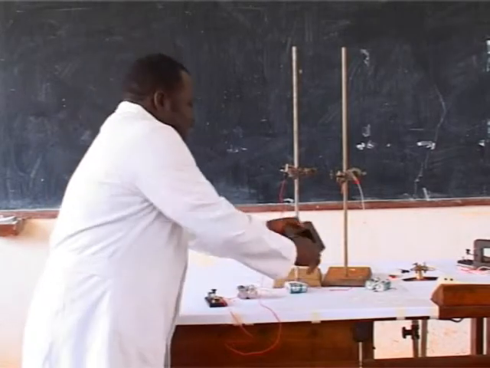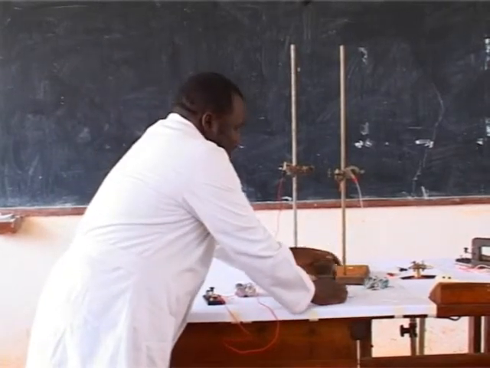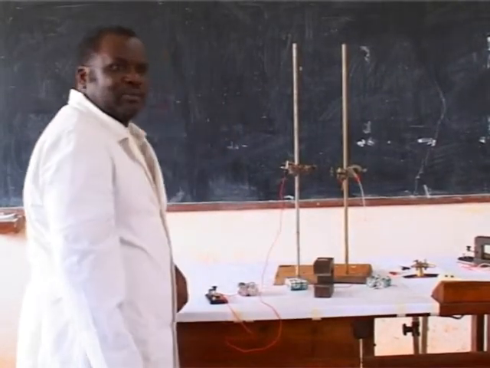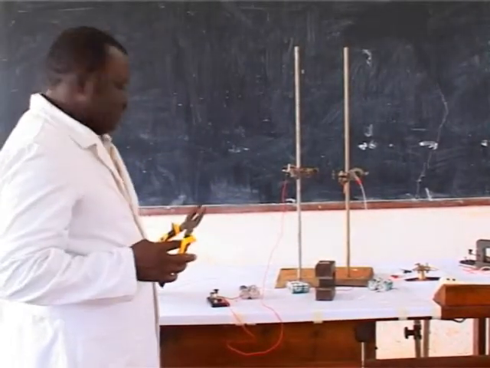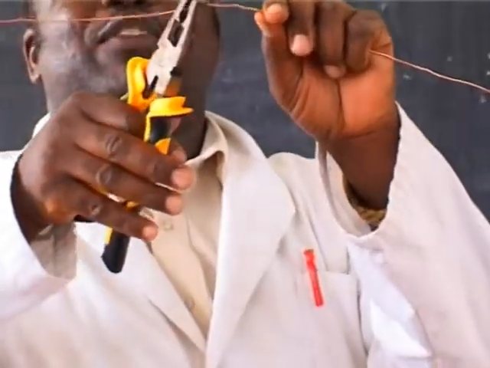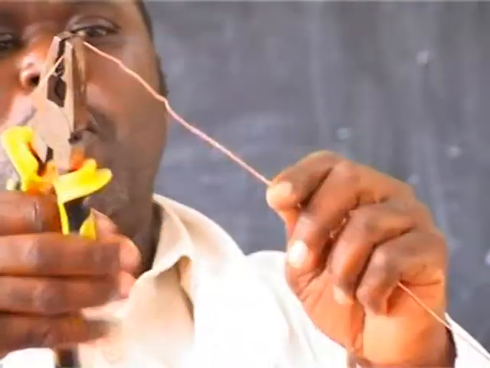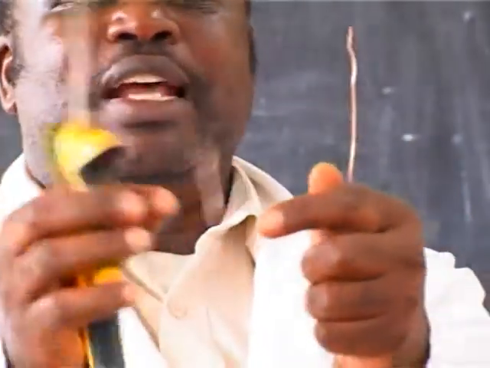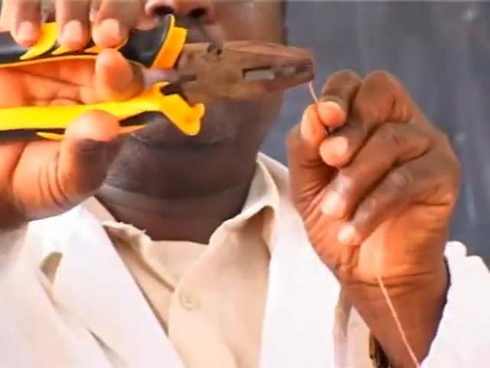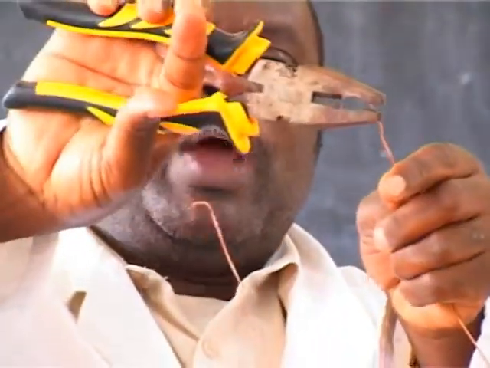Then place the horseshoe magnet in this position. After that, take your wire and bend the stiff wire to form a rectangular shape. Then the ends of this wire should be bent to form hooks, which will help you to hang the wire.